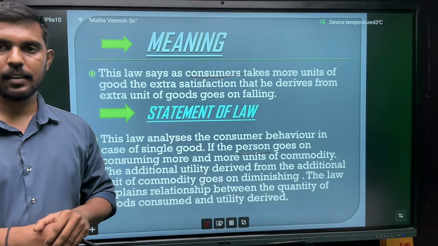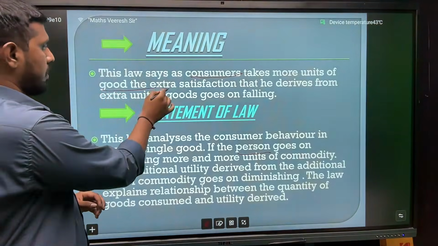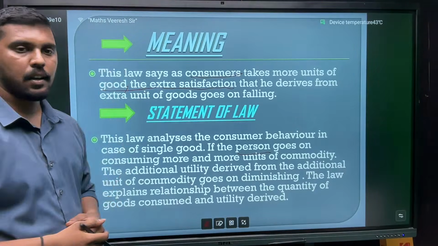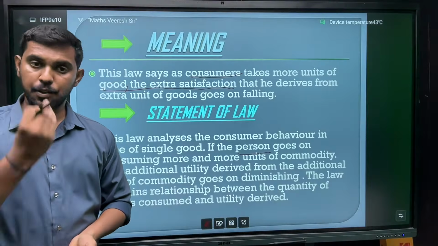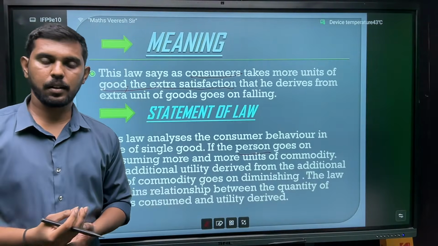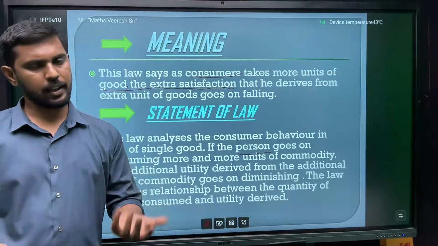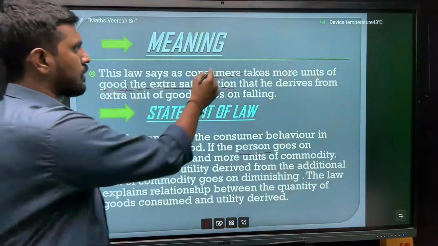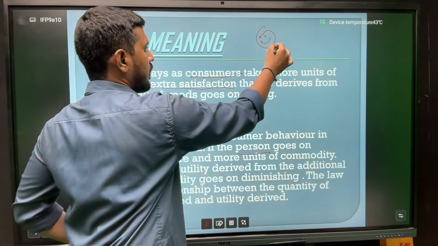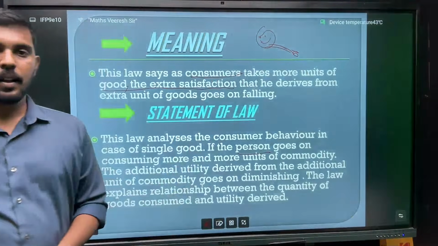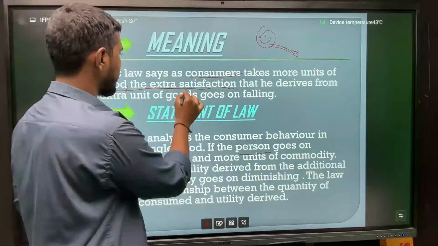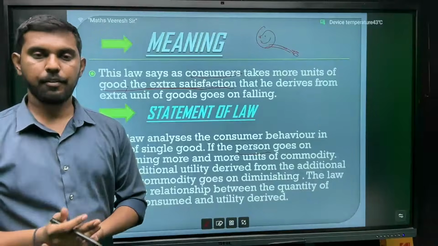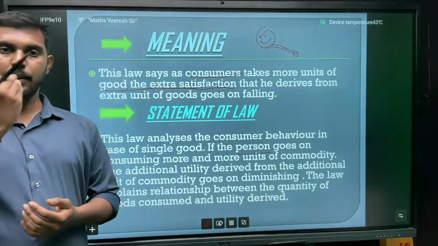What does he do? The consumer takes more units of a good. It may be an apple, it may be chocolate, any other thing. What does he want here? Extra satisfaction. From where will he get extra satisfaction? From an extra unit of a good.